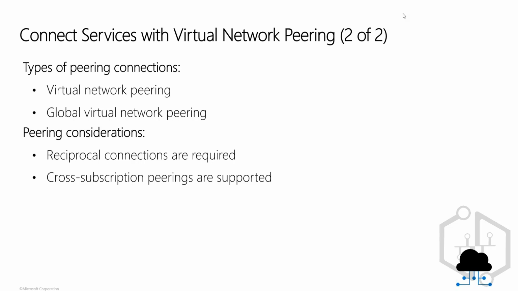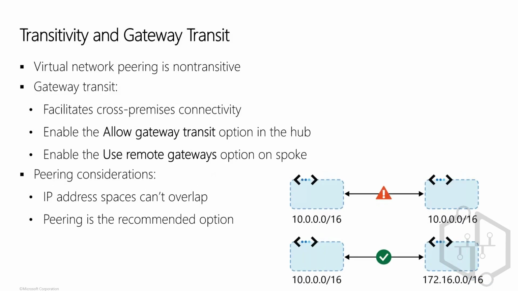Once it is across subscriptions, you will need to have permissions to access that resource. So you need to have permissions to access the second virtual network in another subscription. Only then can you establish a cross-subscription peering.